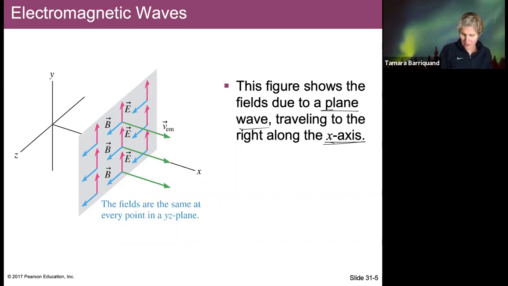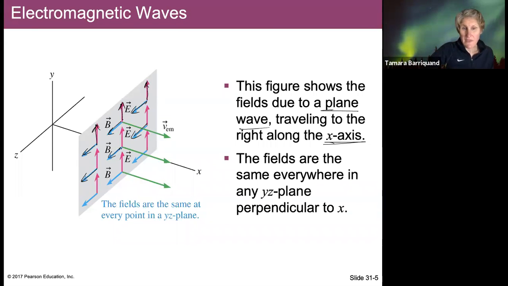What we see is that the electric field is equal everywhere in this direction, and the magnetic field is equal everywhere in this direction. And so the fields are the same everywhere in the YZ plane, perpendicular to X.